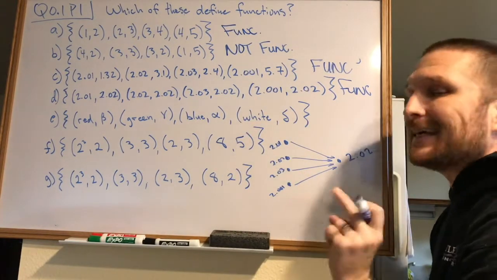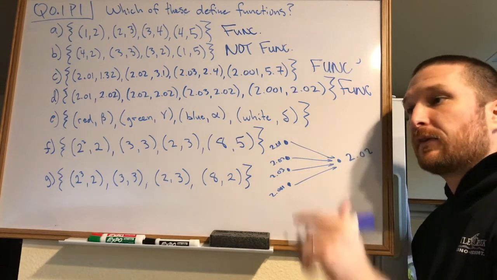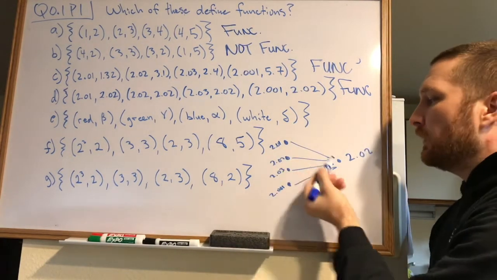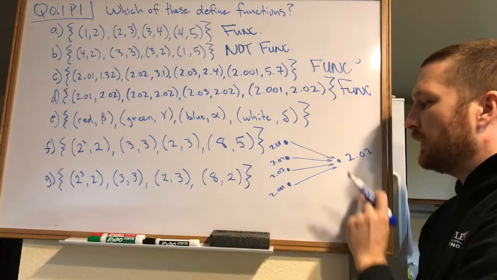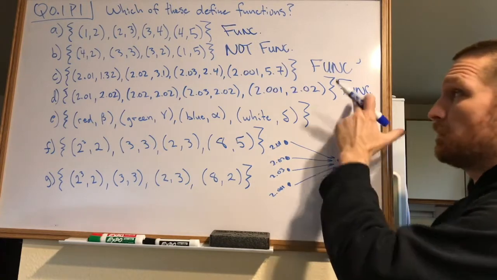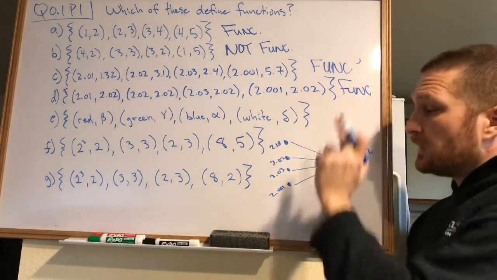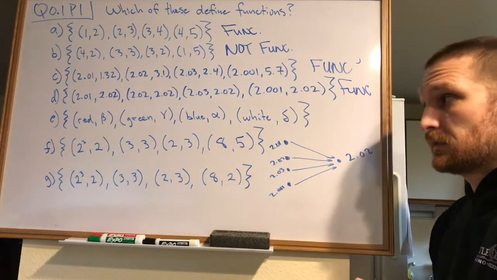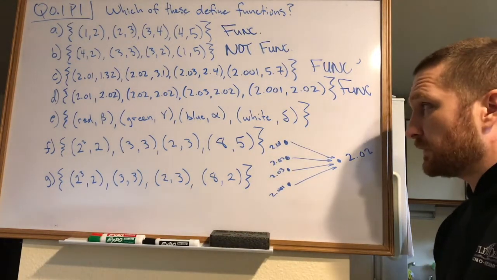That is the key with functions. For every one input, you get one and only one output. One input, one output. They could be all the same output. That's fine. Perfectly good function, just as long as this one doesn't end up going to two different places. So that's fine. It's a function.